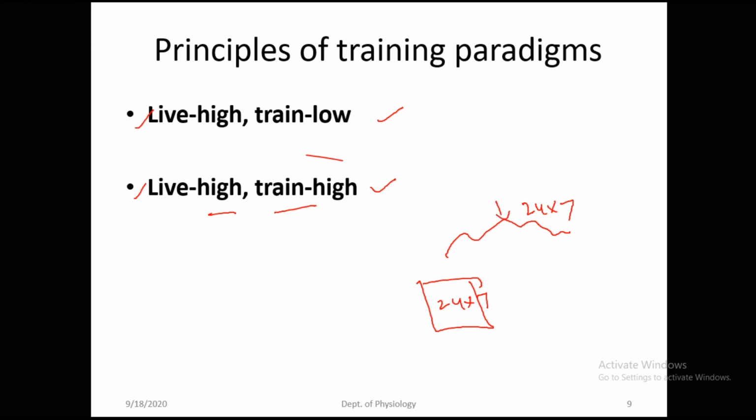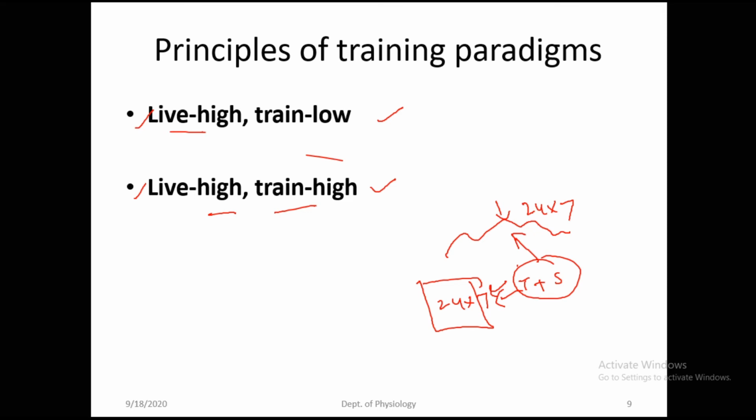So altitude stay should be 24/7, where the person stays continuously with training also. Training plus stay together at the altitude. It can be natural, it can be artificial. This is known as live high, train high.